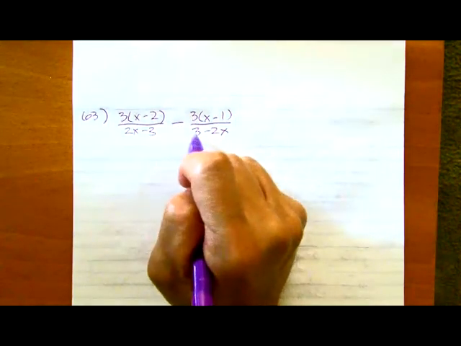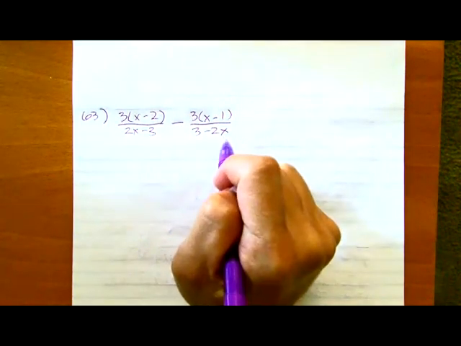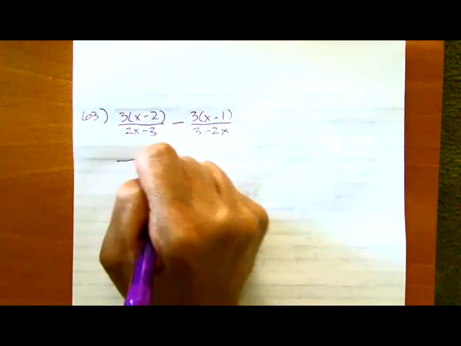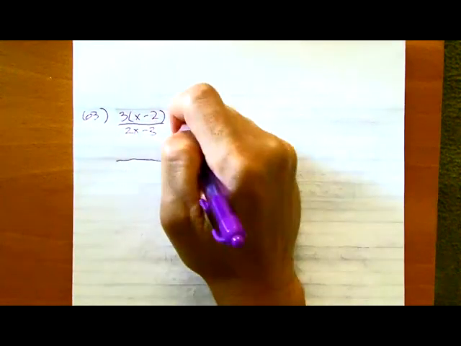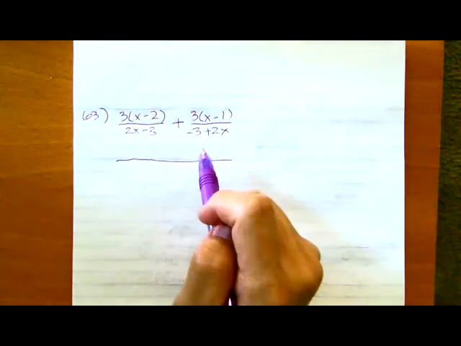We need to get the denominators to match. I would distribute the negative to the denominator. That would make it negative 3 plus 2x. So now the denominators match.